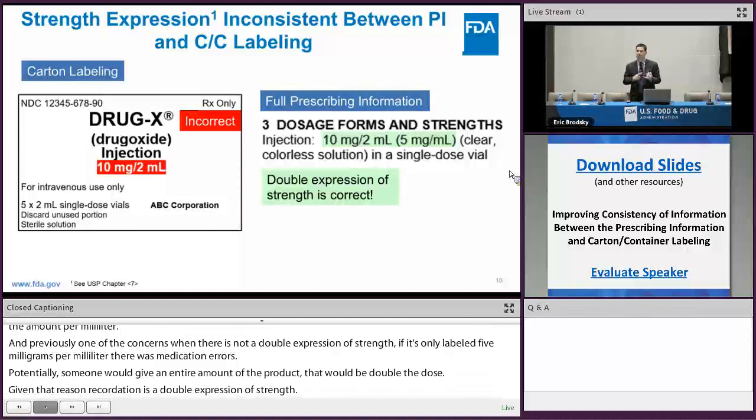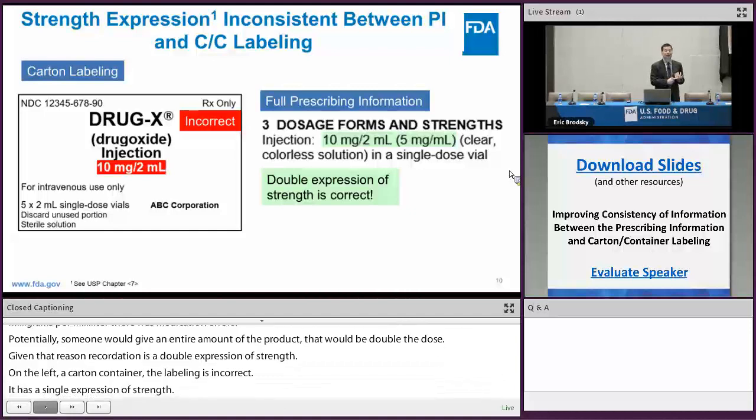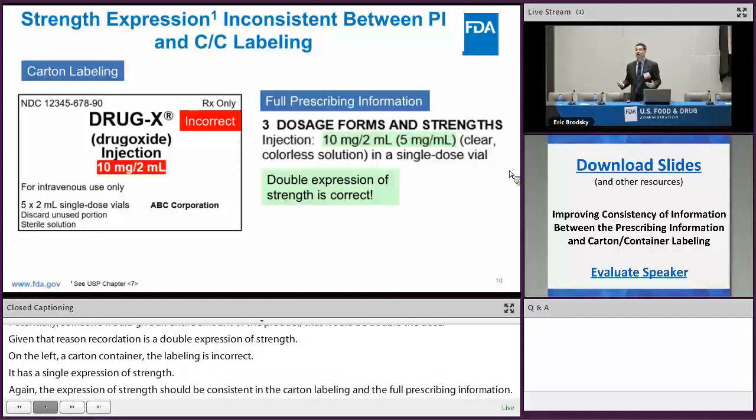So again, the expression of strength should be consistent in the carton labeling and the full prescribing information. So let's say you do a PLR conversion for a product and the old format labeling only has a single expression of strength and the carton labeling only has a single expression of strength.